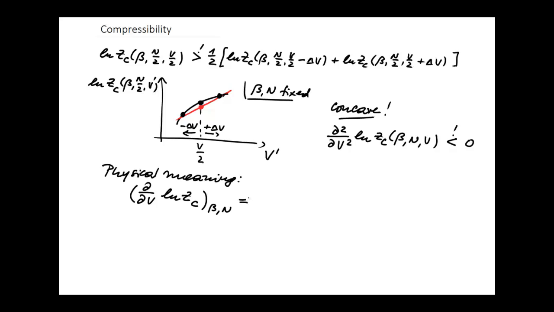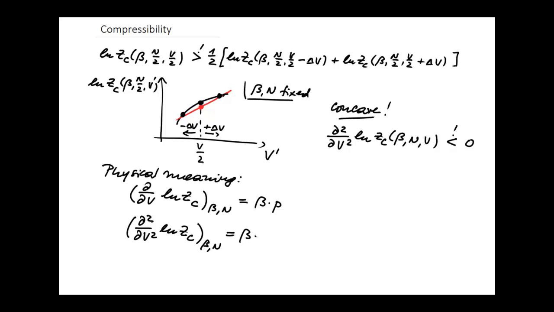You remember from our table and our general scheme that this first order partial is beta times the pressure, inverse temperature times pressure. So the second order partial derivative with respect to volume at fixed inverse temperature and particle number is then beta.